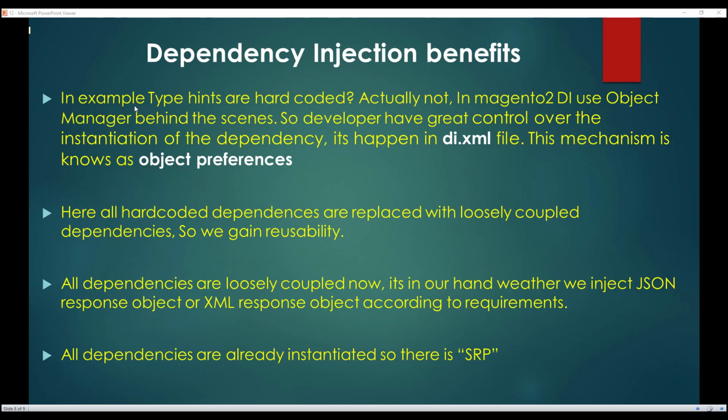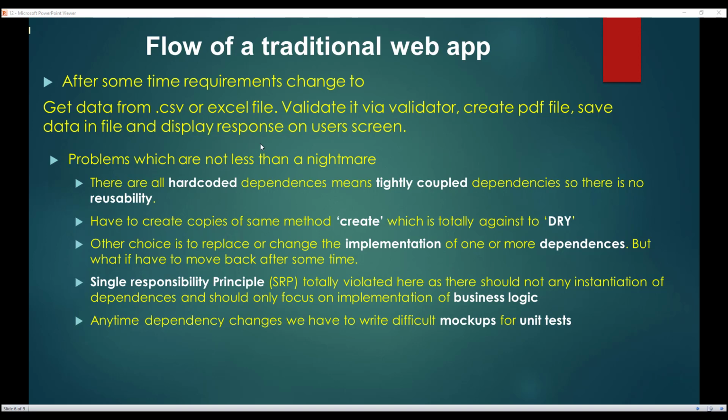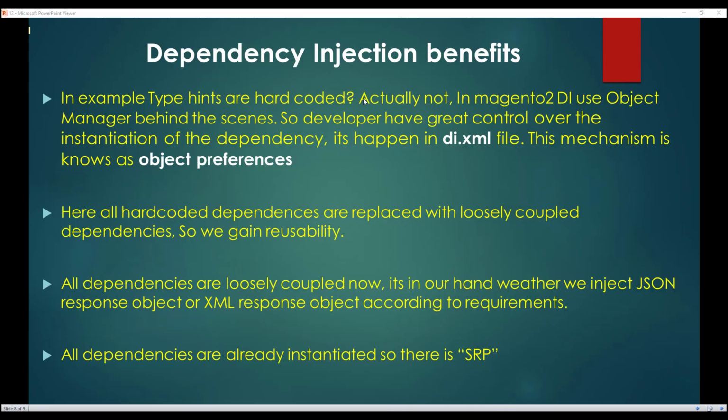Here is one question: in the example, the type hints look like they are hard-coded, like input is hard-coded, which is not actually true. Magento 2 uses the dependency injection mechanism and uses the object manager behind the scenes. So the developer has great power to control the instantiation of dependencies.